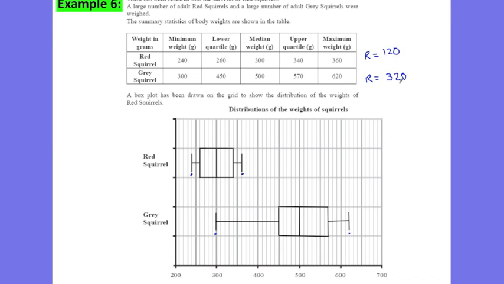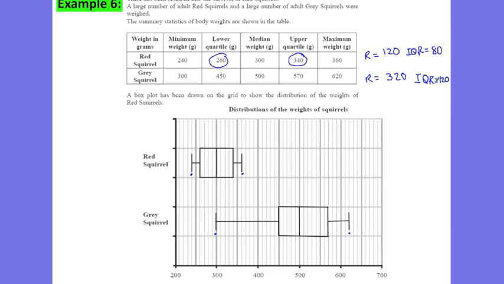Much bigger range. We can also talk about the spread of the data by looking at the interquartile range. The interquartile range is found by taking the upper and subtracting the lower. If we do that here, for the red, the interquartile range is equal to 80. And here for grey, the interquartile range is equal to 120.